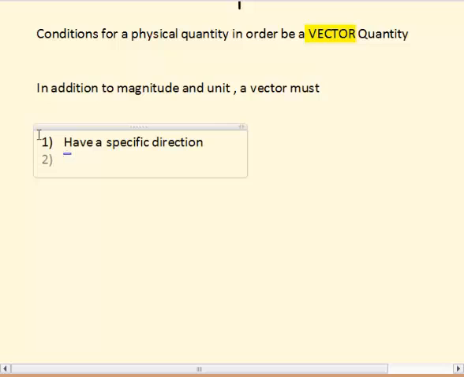Point number two, must follow commutative law for addition.